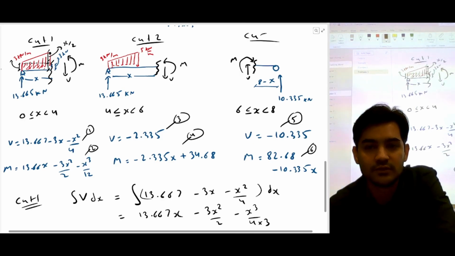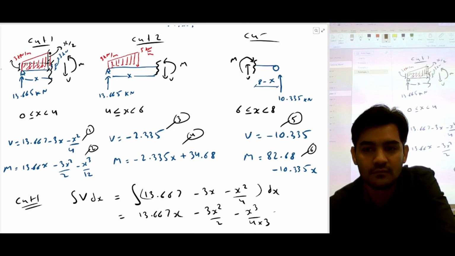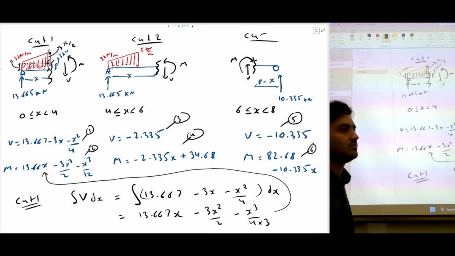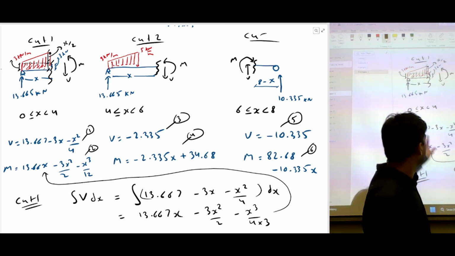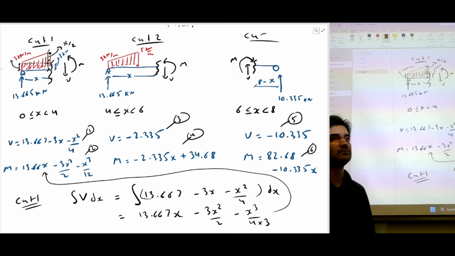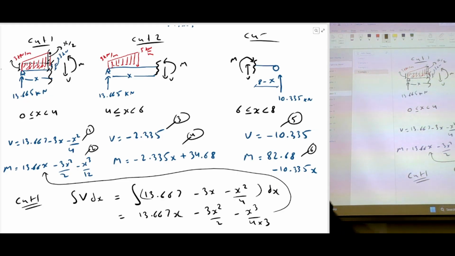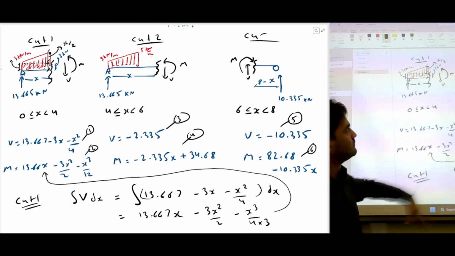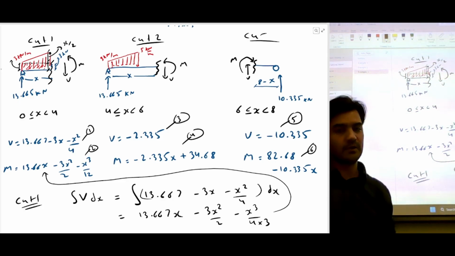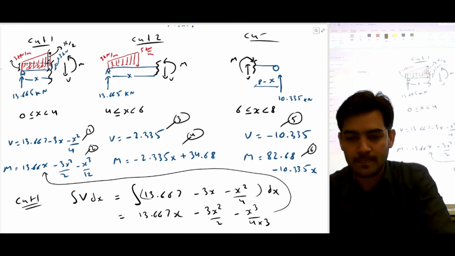So this is basically the same equation. So if you do the integration of shear force, you're going to get bending moment. And we can use these tricks to directly draw the shear force and bending moment diagrams from the question, but we'll explore that in a bit.